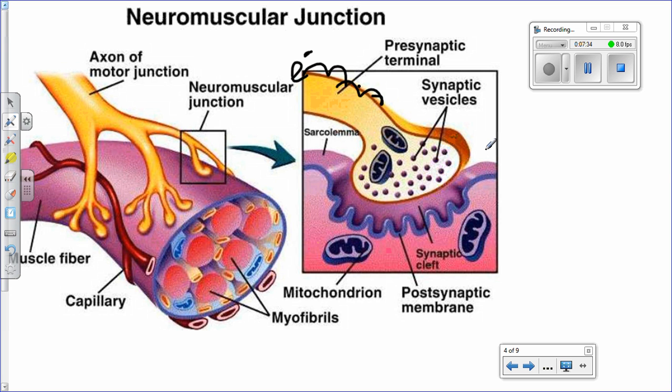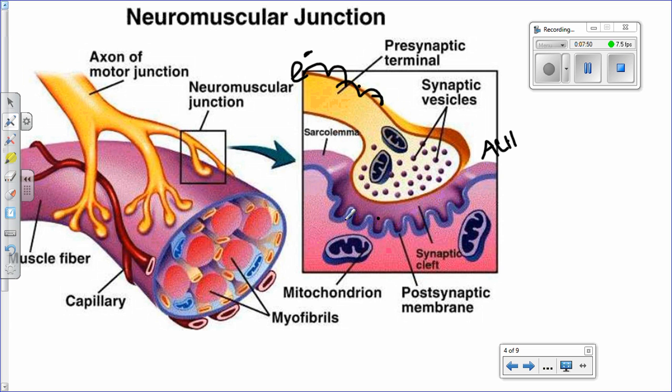The main one that you have to know is acetylcholine, or ACh, which allows for a postsynaptic change. So here's postsynaptic, here's presynaptic, because the space between is the synapse, right? So there's no physical contact here, it's a space.